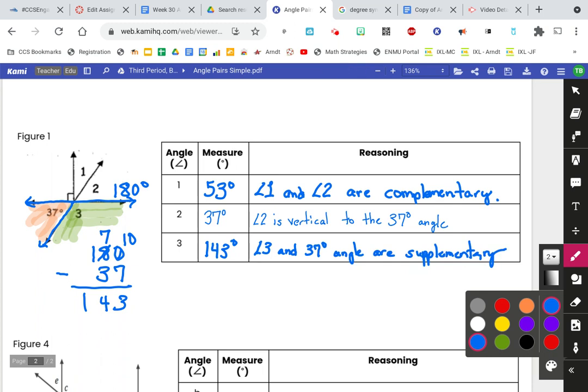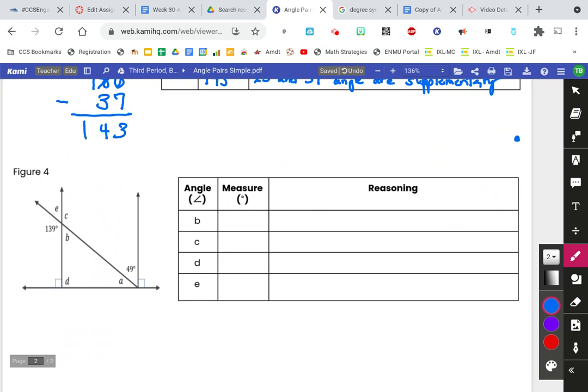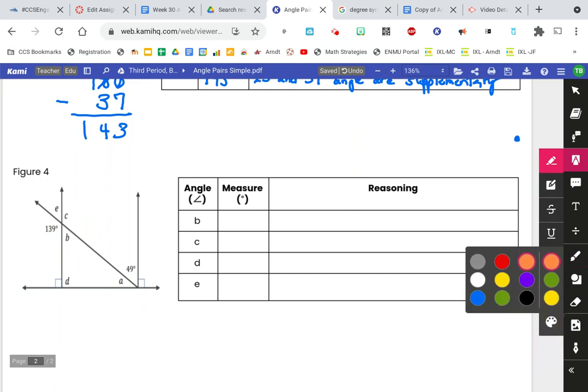Okay, so let's look partially at another example. So again, we have to find missing angles. So I can look at this drawing and I can tell that there is an angle here. And I can tell that that angle is opposite this angle here.